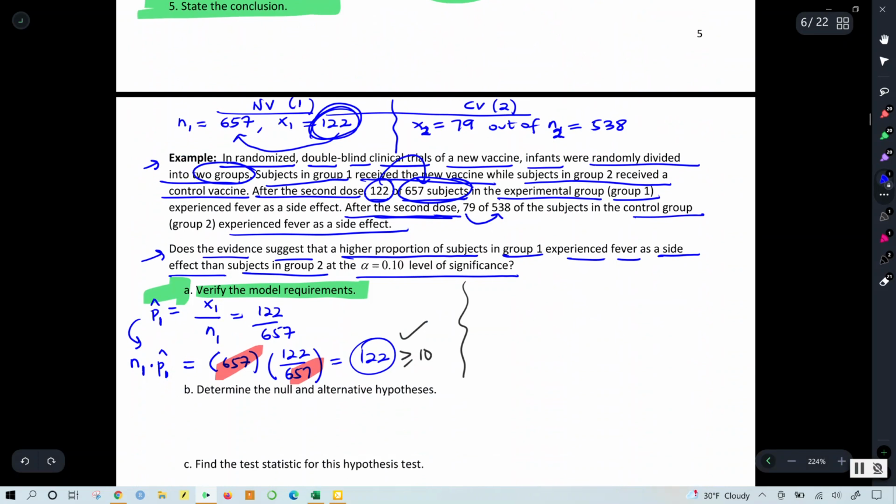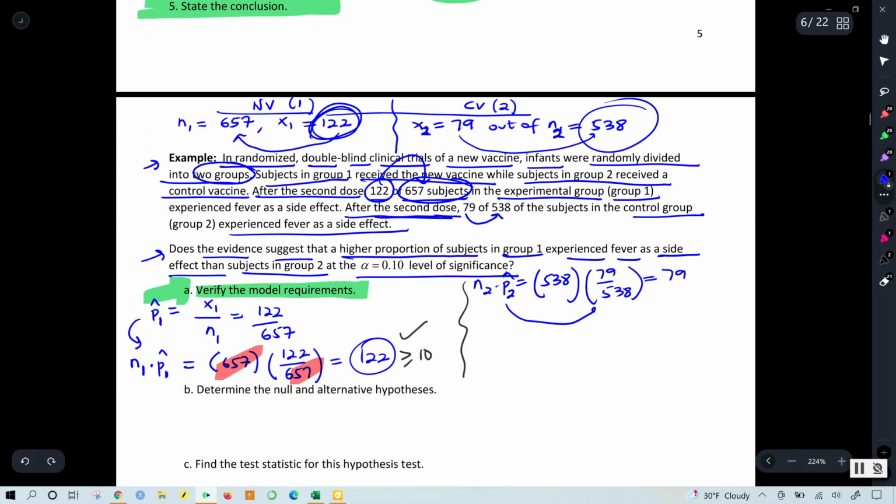So in the second case, again, our N2 times P2 hat, where N2 is 538 multiplied by P2. P2 is X2 all over N2. So that will be 79 out of 538.